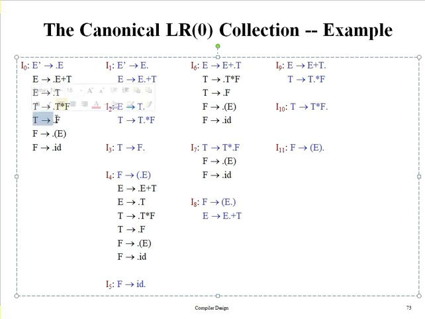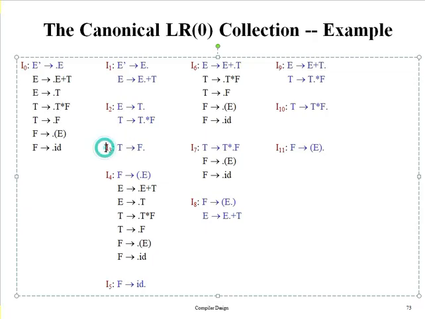That's why we excluded the production T derives dot F in I2, because here we are considering only production rules having the non-terminal T after the dot.